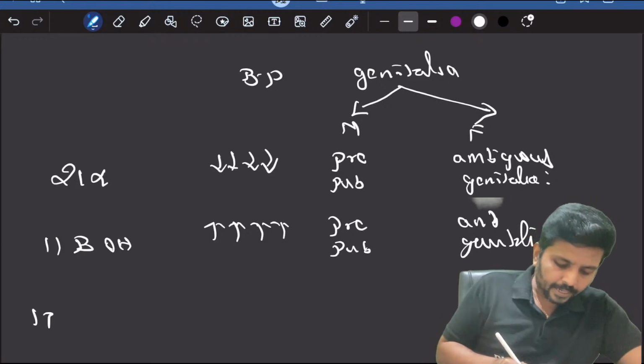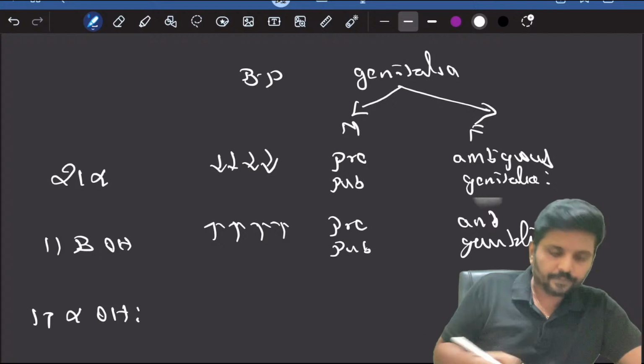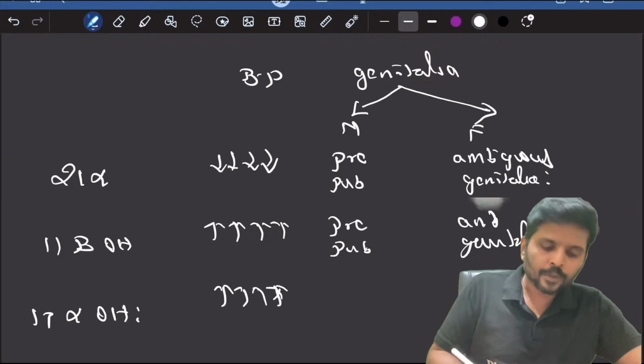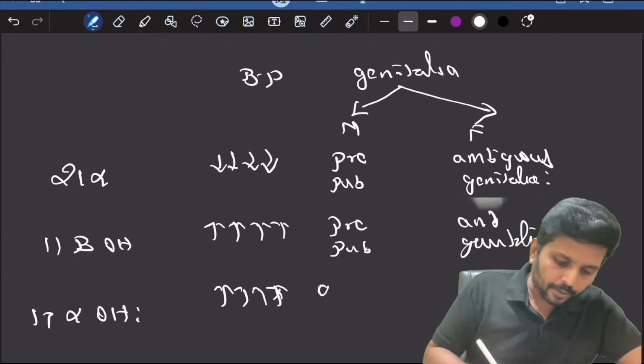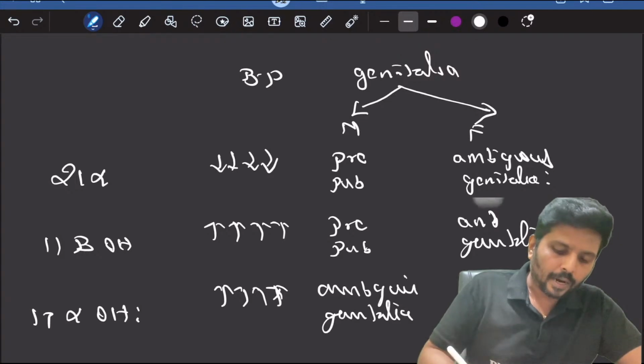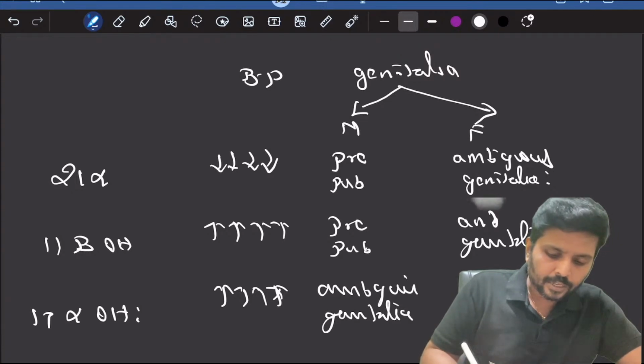And in 17 alpha hydroxylase deficiency, again you will get hypertension. Here you will get ambiguous genitalia in a male, and in female normal genitalia.